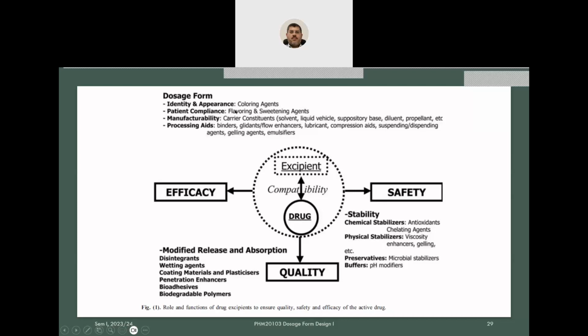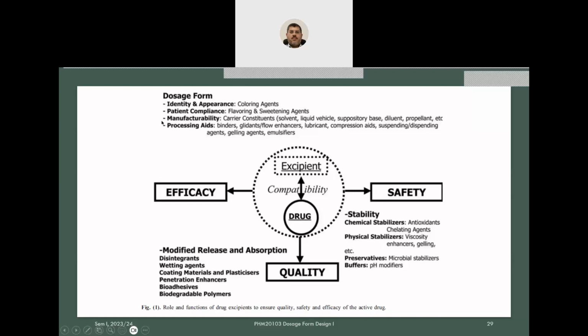Some are used for patient compliance, like flavoring and sweetening agents. So they must be stable. They must not interact with the active ingredients, so that they have the same characteristics during the shelf life of the product, and they will not affect patient compliance. Some are used for manufacturing, like, for example, carrier constituents, solvent, liquid vehicle, suppository base, diluent, propellant, etc. They are an essential part of the dosage form.